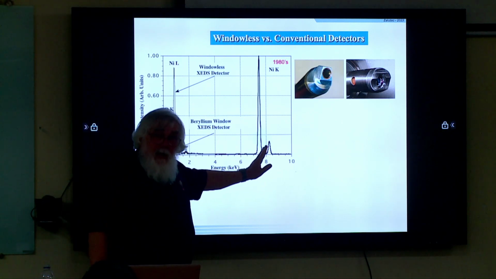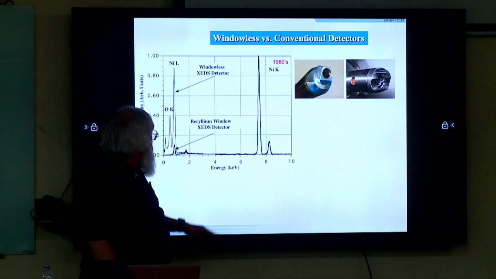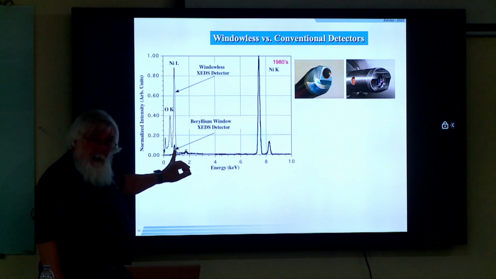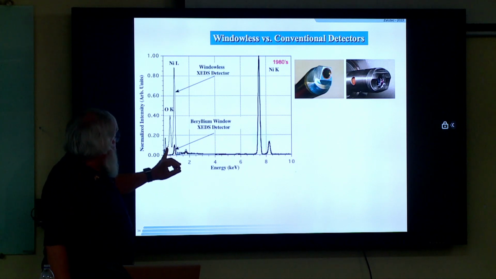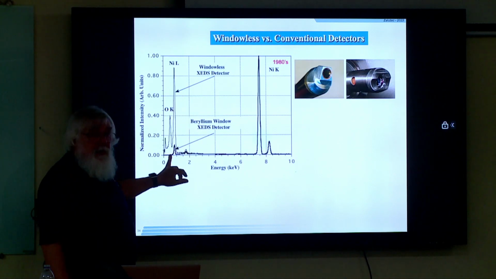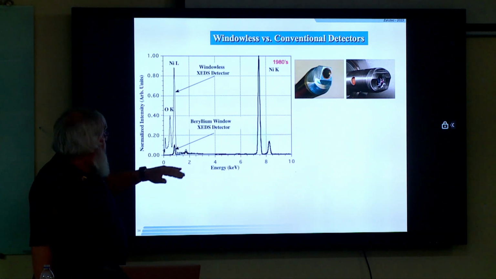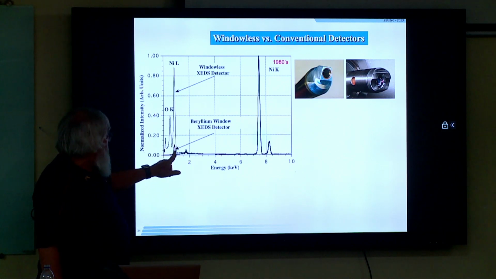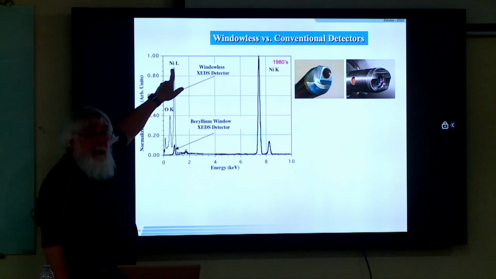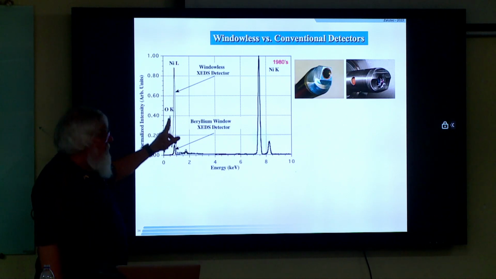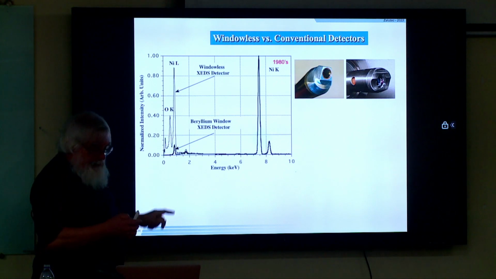We see the nickel K, high energy X-rays, 100%. We see the nickel L. But this was a nickel oxide sample. Do we see oxygen? No, because the efficiency's gone down. If I remove the window and go to a windowless detector, not only does the efficiency for nickel L increase, more efficient, but we're also starting to see low Z elements.